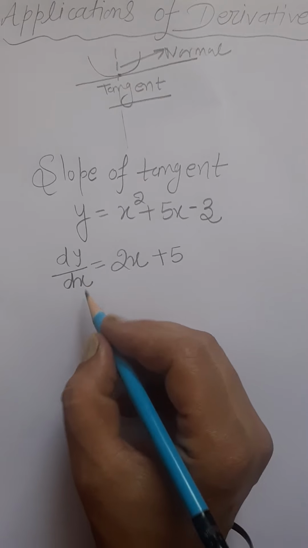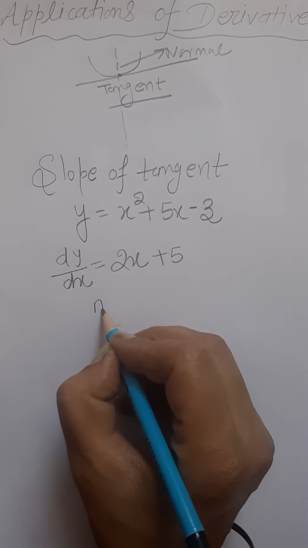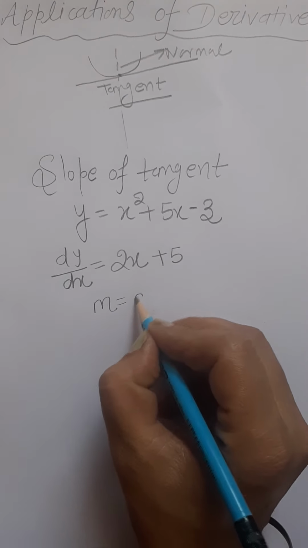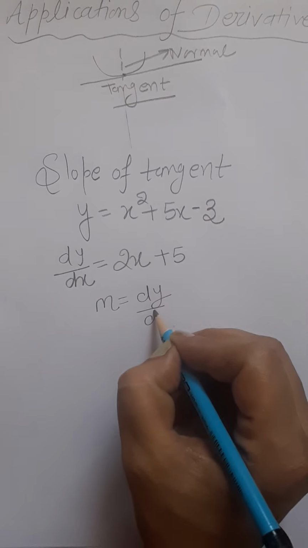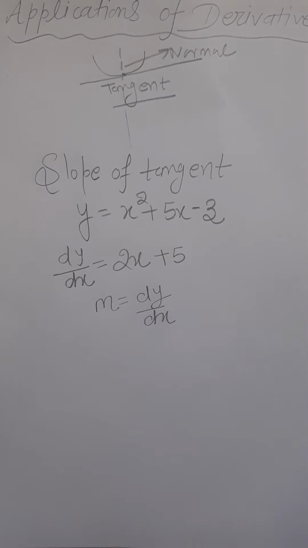Then dy by dx is called the slope of the tangent, and we can denote it by the letter m.